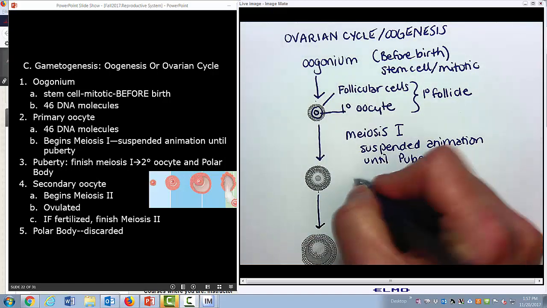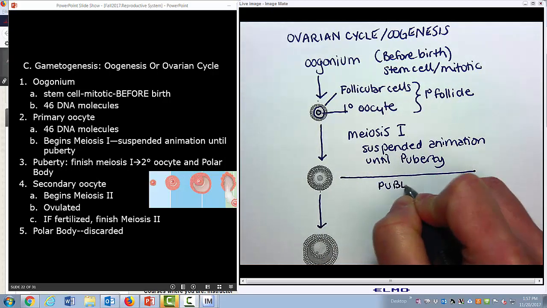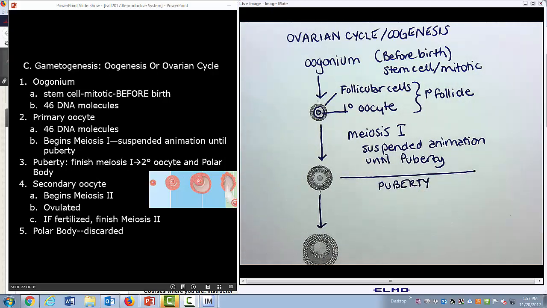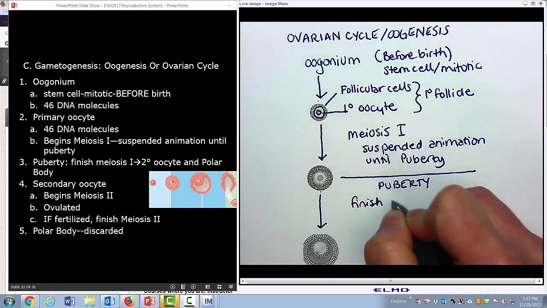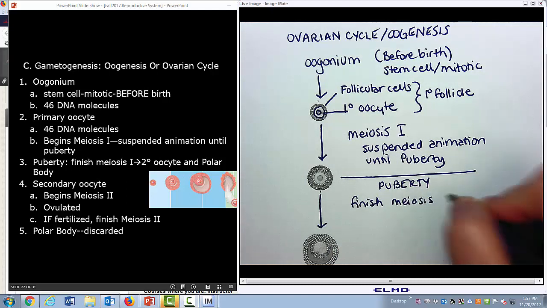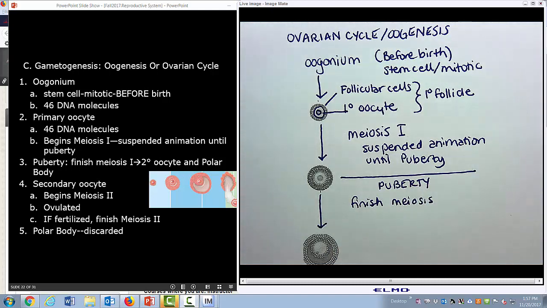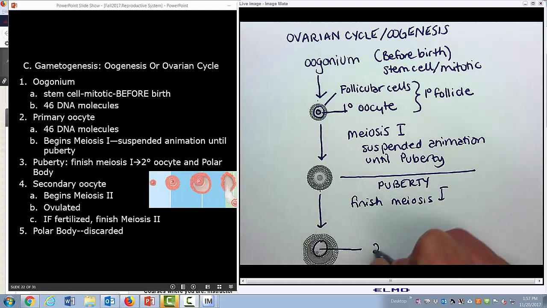All right, so here we've hit puberty. All right, so we're going to finish meiosis 1. And so right here, this cell is the secondary oocyte.